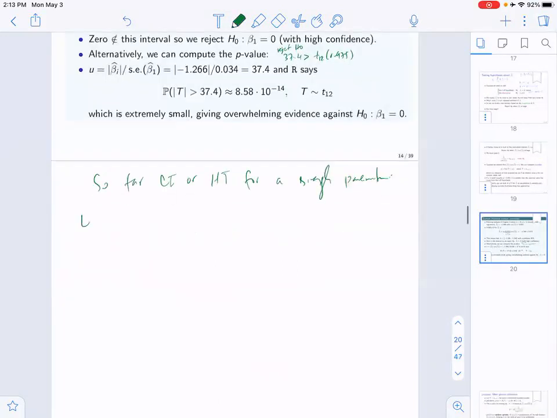But what if you want a CI for a linear combination, say beta 1 minus beta 2?